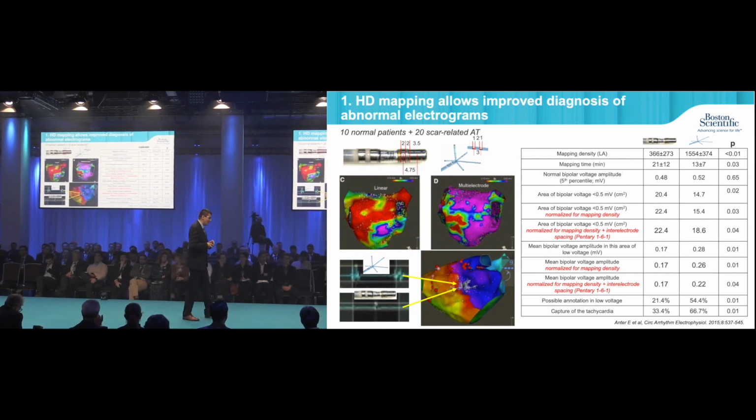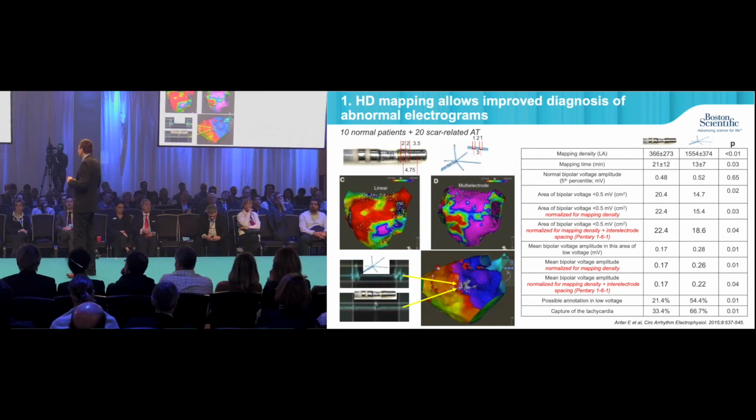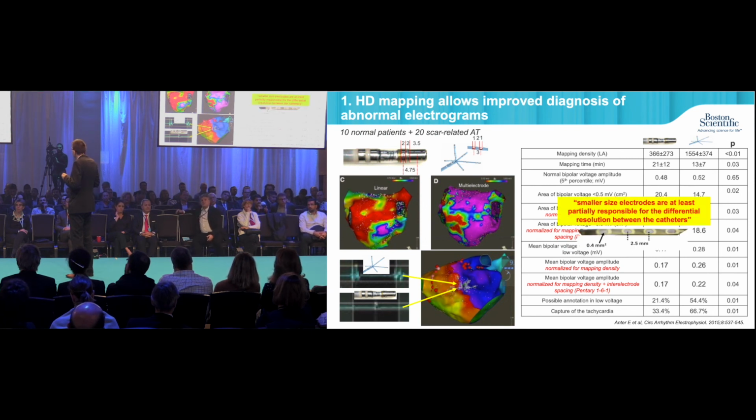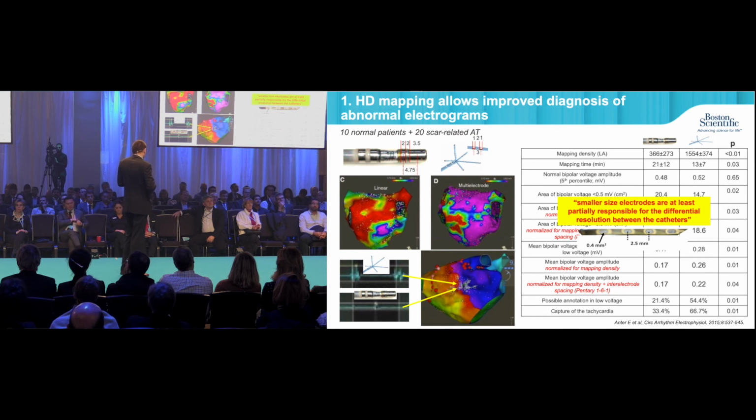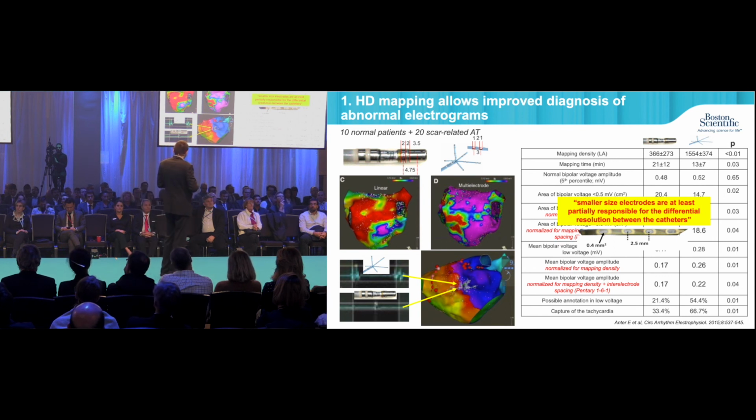And we have this work from Ella Danter, who compared point-by-point mapping with the ablation catheter versus the Panoramic catheter. And he clearly showed that the smaller size electrodes are the main factor responsible for the differential resolution between these catheters. Now, the Panoramic catheter has 1 millimeter ring electrodes. Imagine you bring that down to 0.4 square millimeter, like is the case for the Orion.